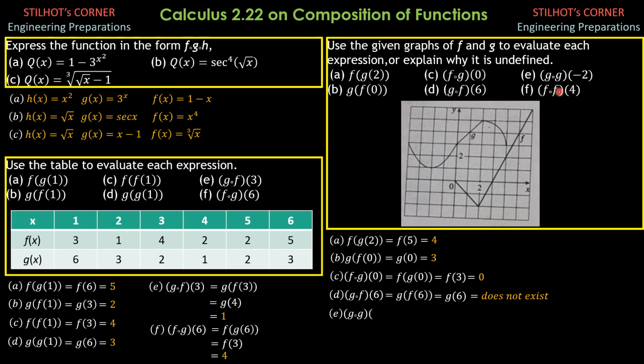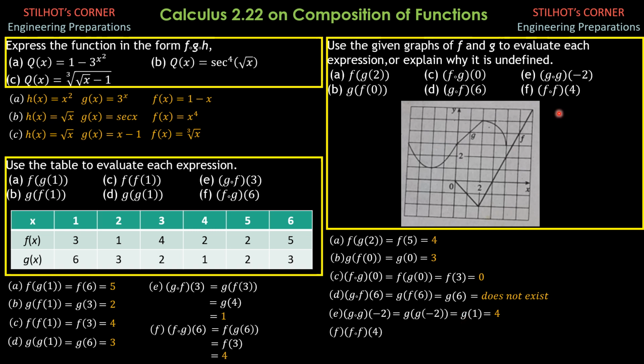Letter E, f of g of negative 2. And g of negative 2 is positive 1. And g of positive 1 is 4.